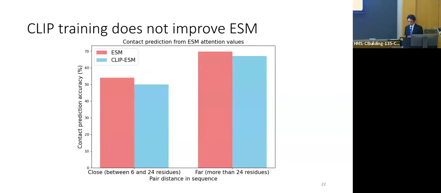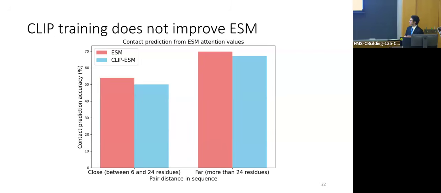But clearly something has gone wrong in this training process, because the underlying ESM model has not gotten any better. Here we're looking at the contact prediction accuracy. We take a pair of residues in the sequence, and we task the model with a binary classification: predicting whether or not these two residues are close to one another in the structure. We have two categories, which will make more sense on the next slide.